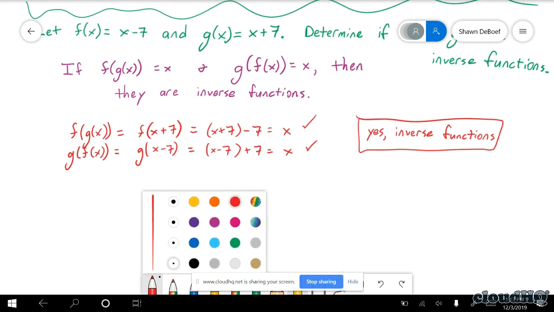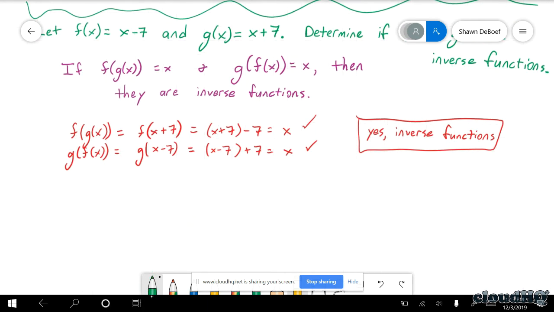Let's try another one. If you do enough of these, you might be able to look at something and get an idea if it works or not.